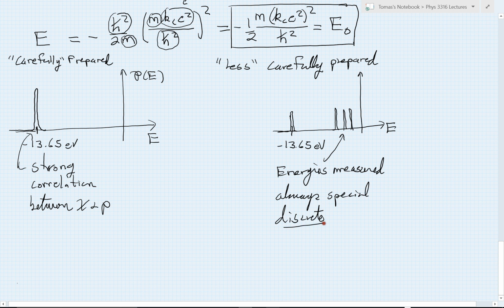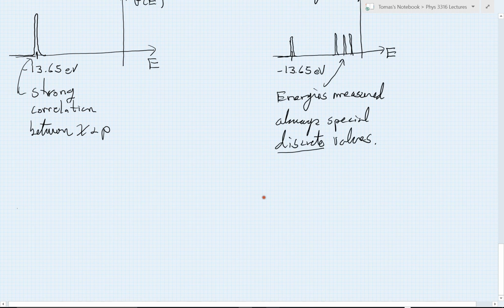They are certain special discrete values. And this general concept is called quantization. They're discrete, there's something countable. This is known as the quantization of energy states. And of course, that's where quantum mechanics actually gets its name.